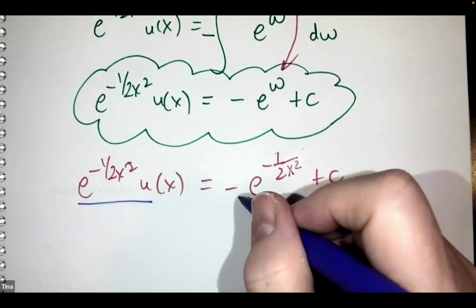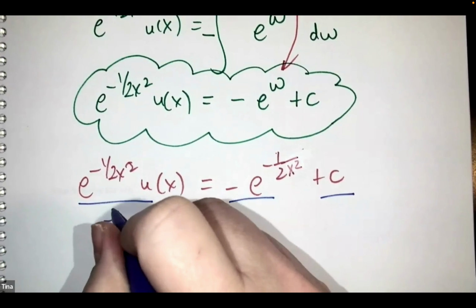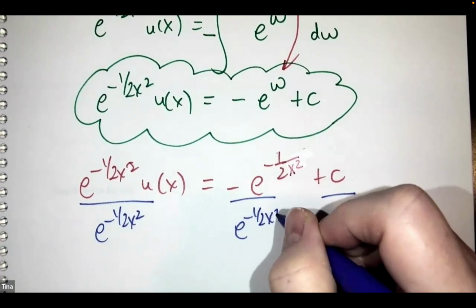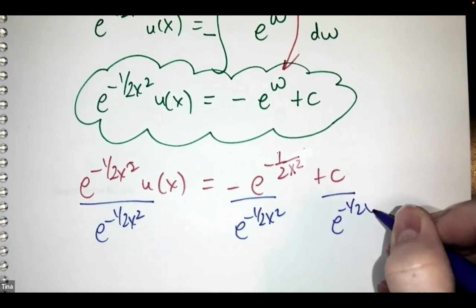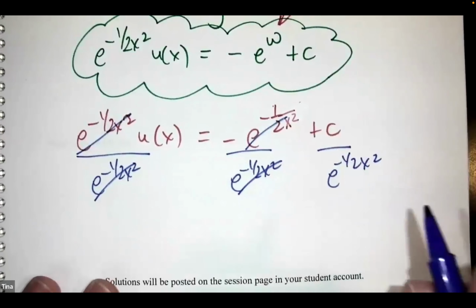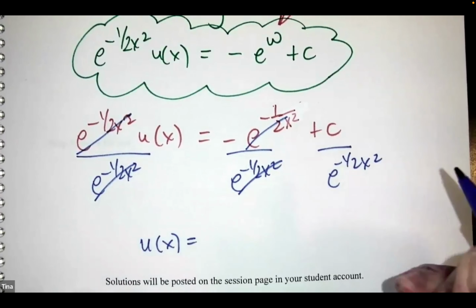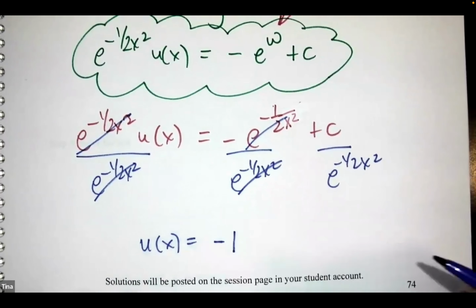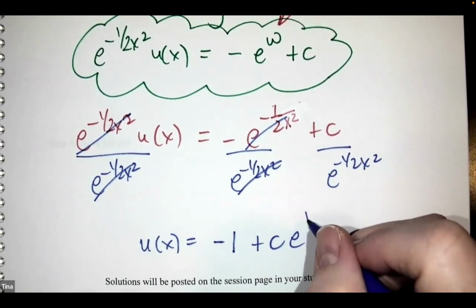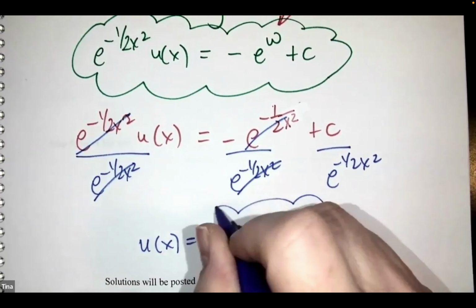So do you want to divide by this every term? Do you want to multiply by the same thing but with a positive exponent? It's your choice, right? So whatever you think is simpler for you. Either way, it should be gone, except you should have u of x is -1 plus c times this, and I'm going to move it back up and make it positive.